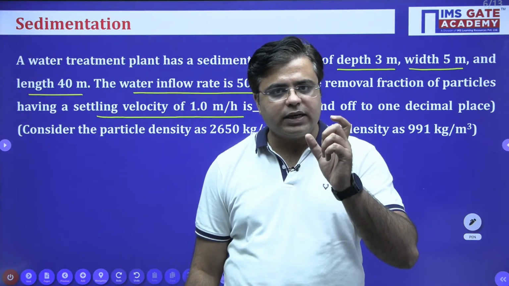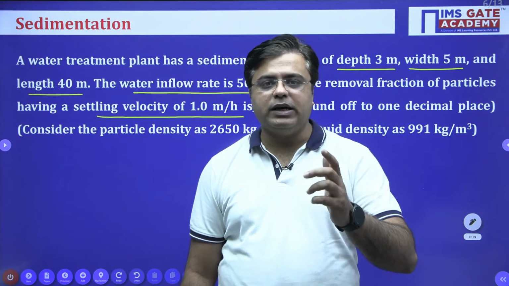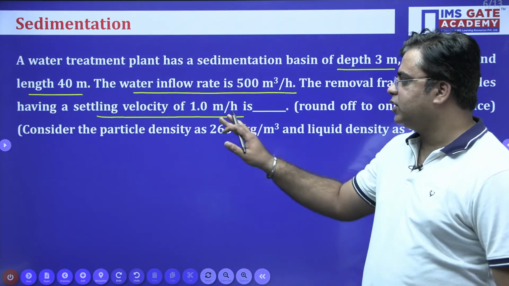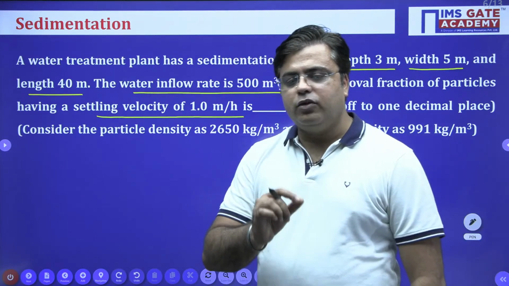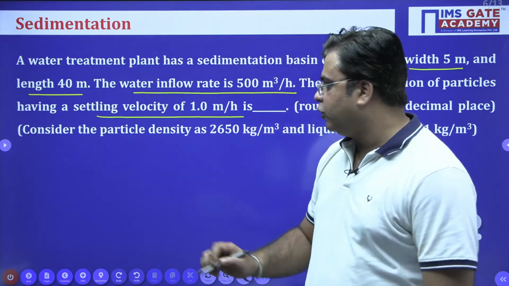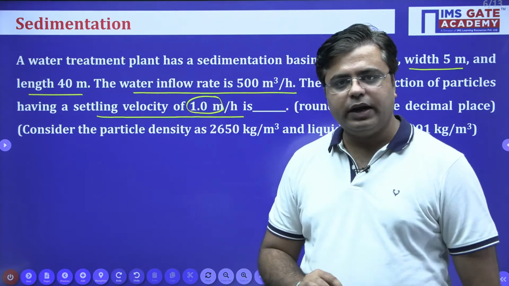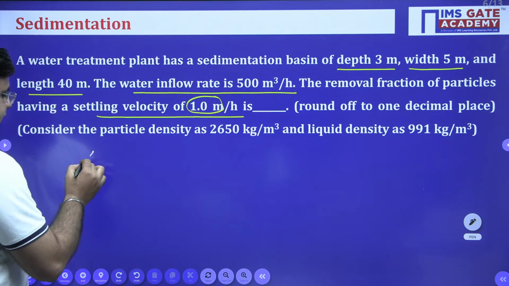But particles with a smaller size, less than the concerned size, are partially removed. For those small particles, this question is framed. You need to calculate the percentage removal of the smaller particle for which the settling velocity is 1 meter per hour.